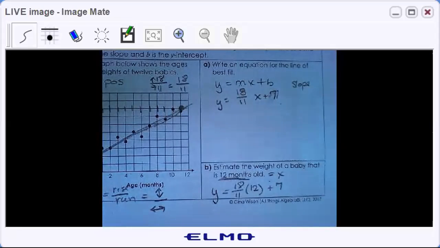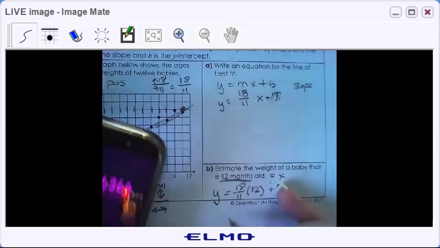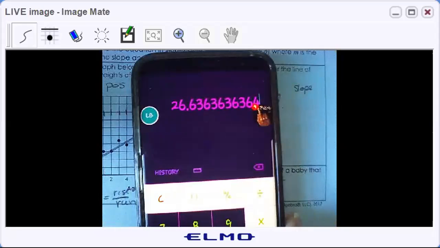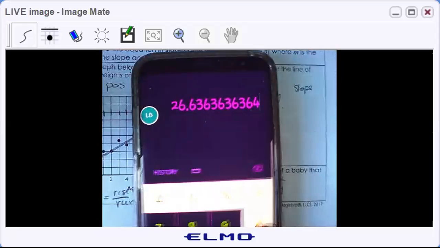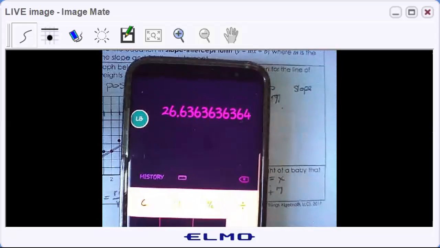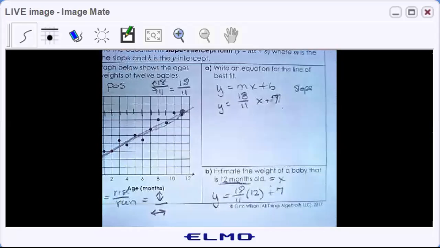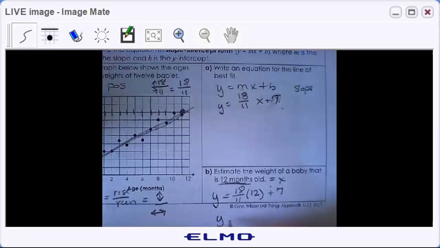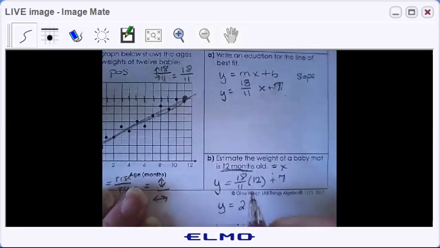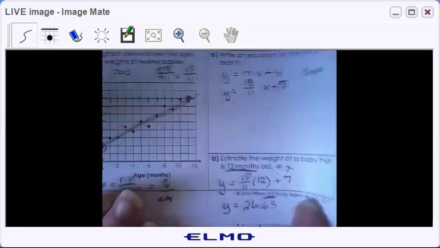So a baby that's a year old, based on this chart, should be approximately 26.63 pounds. So y is approximately 26.63 pounds, and that's a repeating 6-3 there. So this is how we work our way through these.